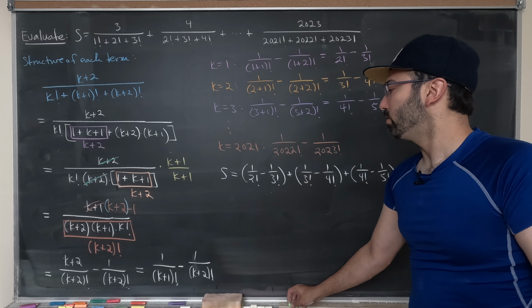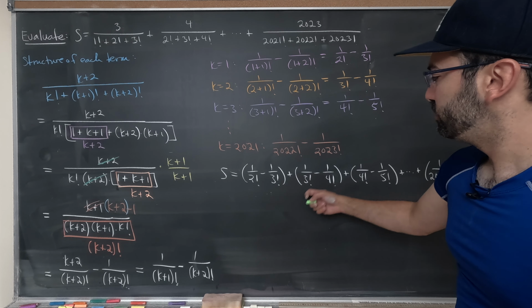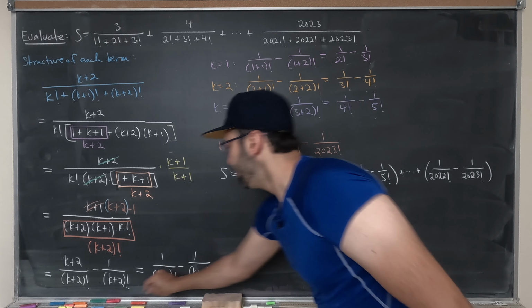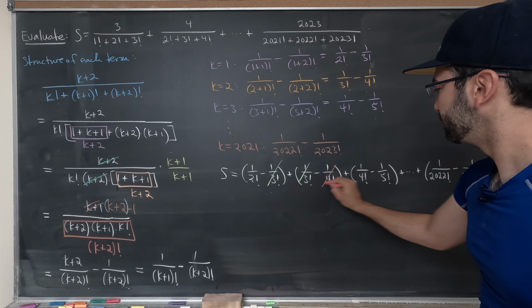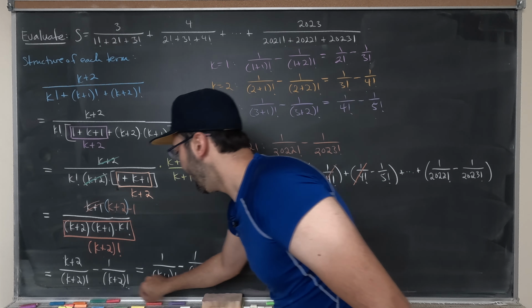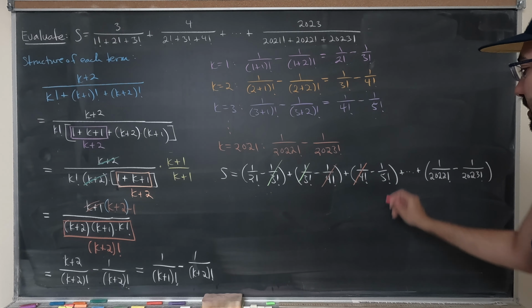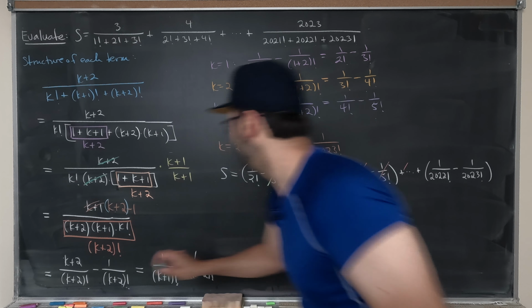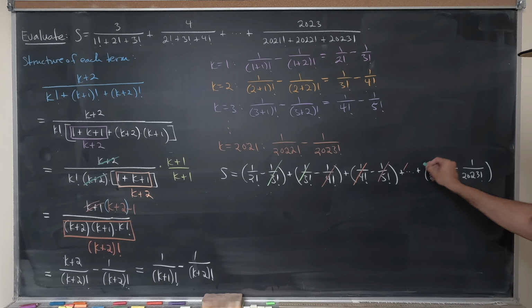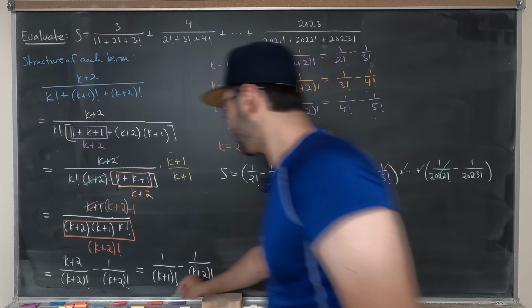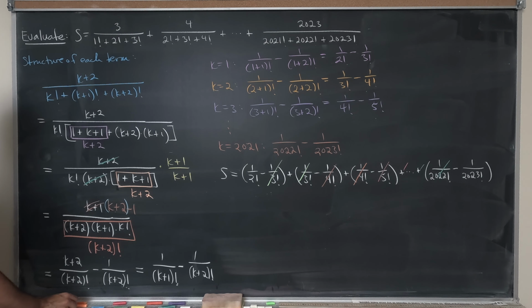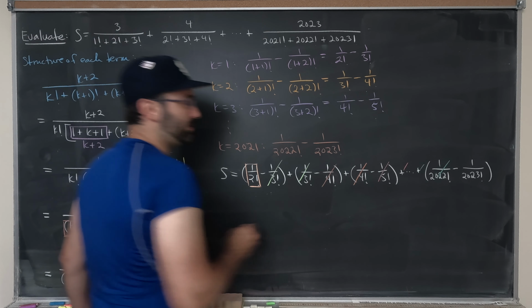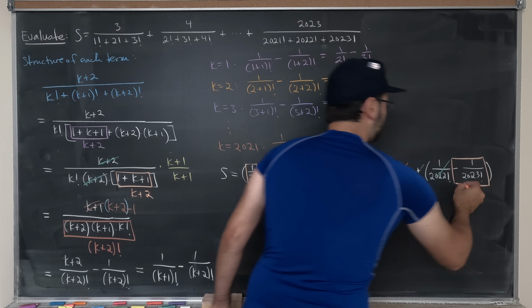This telescopes wonderfully. These two terms cancel with each other, and then the next two neighboring terms cancel with one another, and then of course this will continue. This will cancel with its neighbor, and this will cancel with its neighbor just prior. So all that's really left is two terms in this series. We're left with this very first quantity here and this very last one.